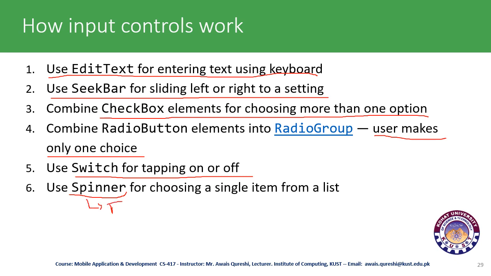This is a drop down menu. This is called spinner control, also called a drop down menu. So don't be confused by the name spinner. What is a spinner control? It is a simple drop down menu from which we can select only a single element at a time.